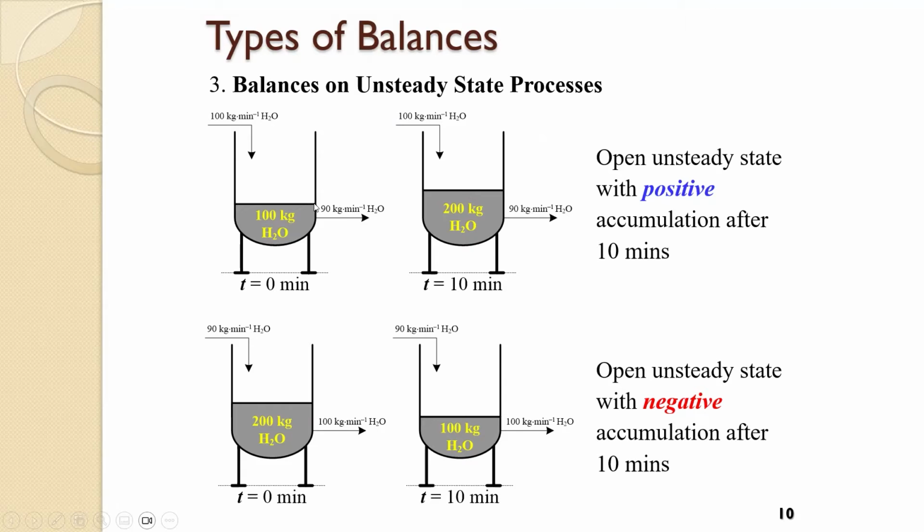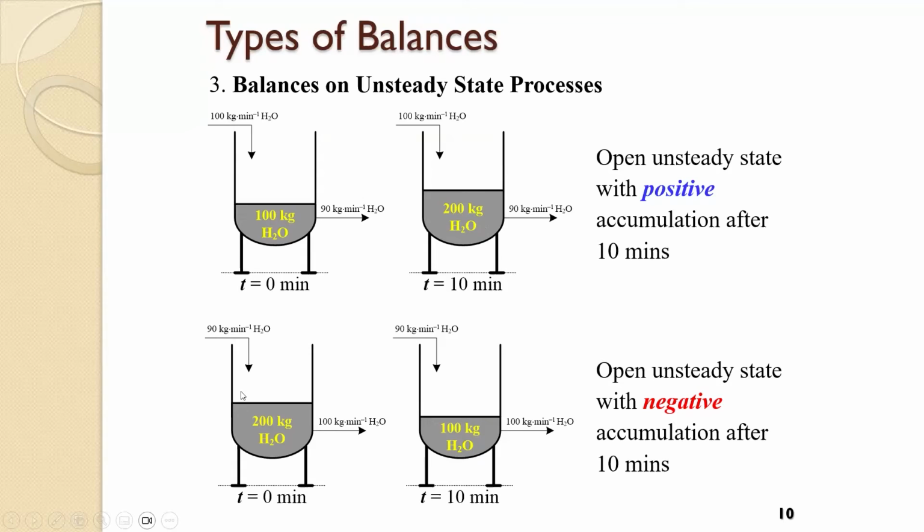But after 10 minutes, this should be 10 times 10, an additional 100. That's why after 10 minutes, you should have 200 kilograms of water in here. So it's positive accumulation because the input is more than the output. You will increase in here. However, looking at the lower ones, the input is 90, the output is 100.